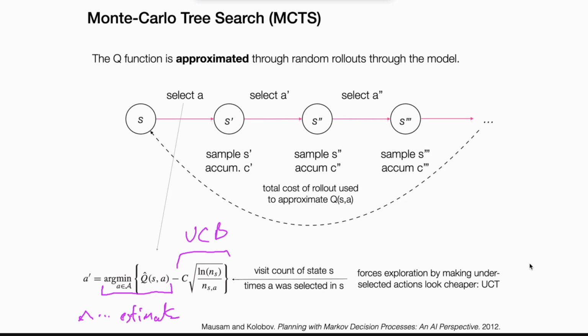So this is how we balance exploration and exploitation. We look at the Q values, and then effectively actions that we haven't chosen very often, what we do is we make them look even cheaper using this constant times a function of the number of times we visited them. So this is a way of sort of biasing the action selection to do a bit of exploration.